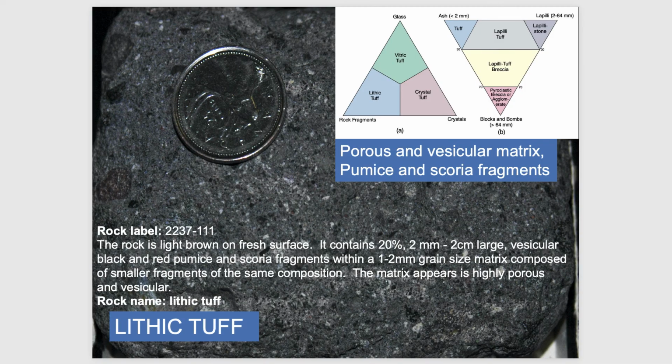Another example here of a tooth. In this case, it's a lithic tooth. So we've discussed lithic tooths, and you will get those that are relatively light in color, so white, but also darker varieties, like these examples. And of course, that's a function of the type of rocks that are involved in the explosivity processes.